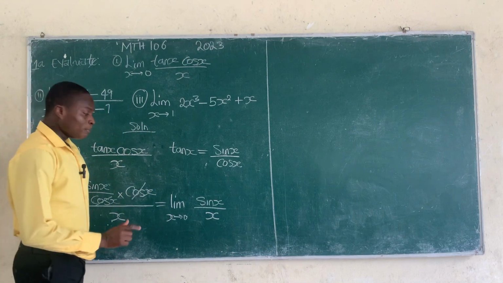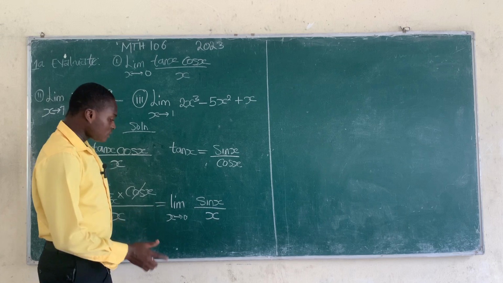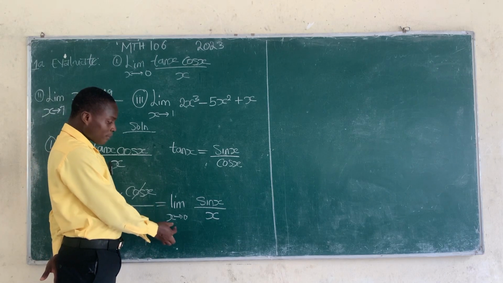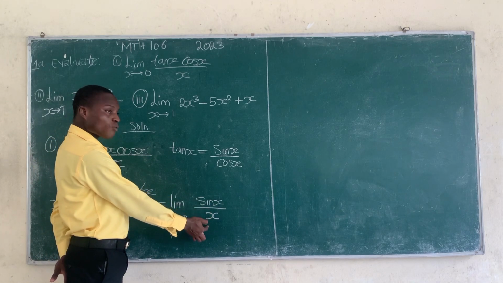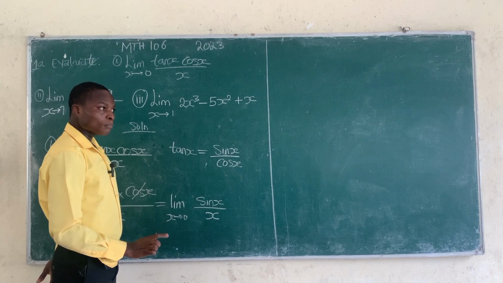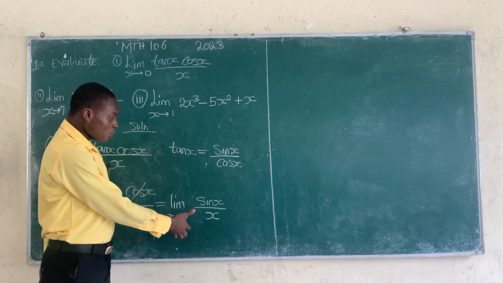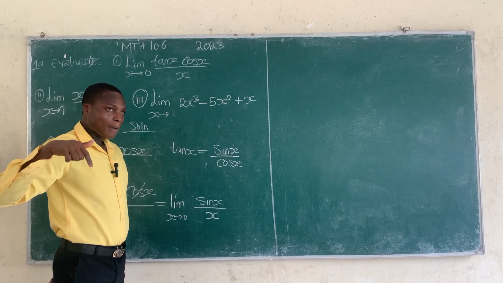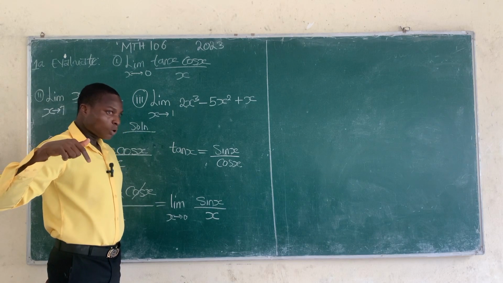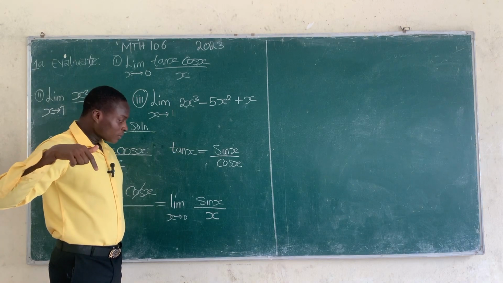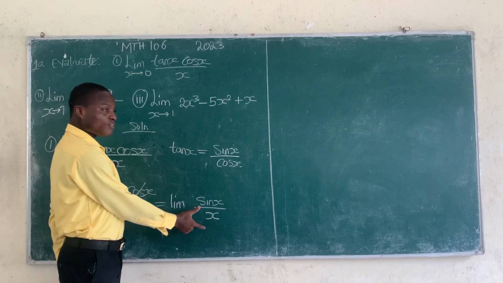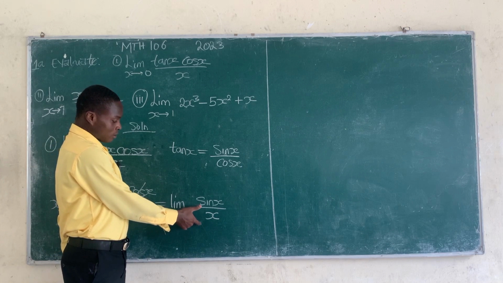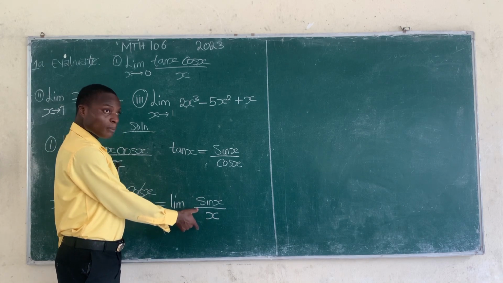And please take note, the limit as x approaches 0 of sine x over x is equal to 1. If you want to know the reason or the proof, you can check the description, or I'm going to send the link later for this particular part.